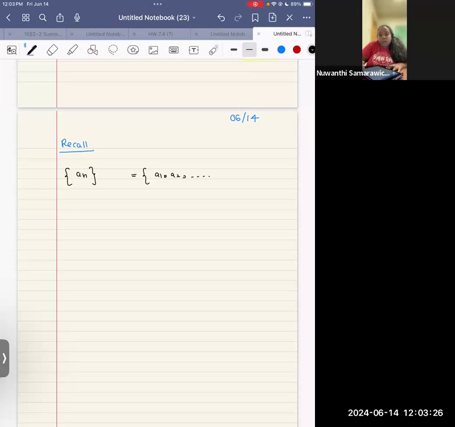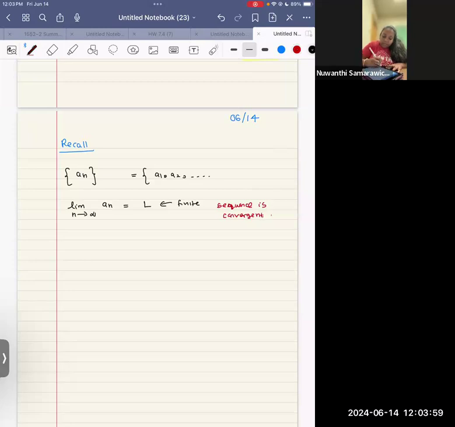If we want to know whether a sequence is convergent, we show that when n approaches infinity, a sub n gives a finite number. Then we say this sequence is convergent.